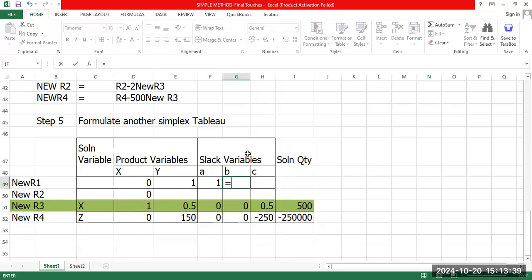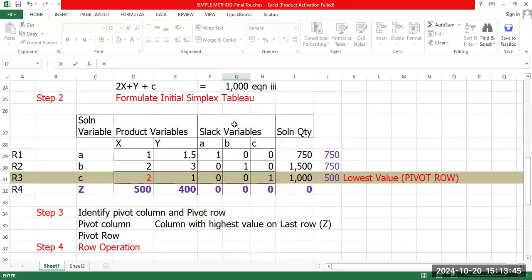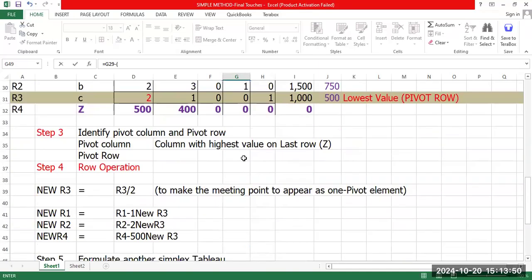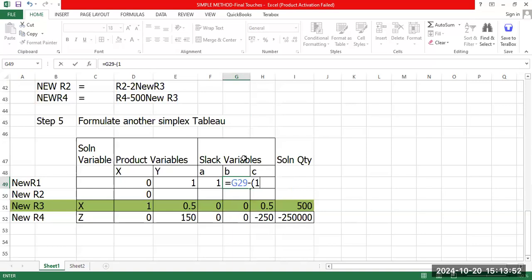Here, colleagues, those who are done with filling this, you can just tell me. B is 0 minus, open bracket, 1 times, this is 1 times 0.